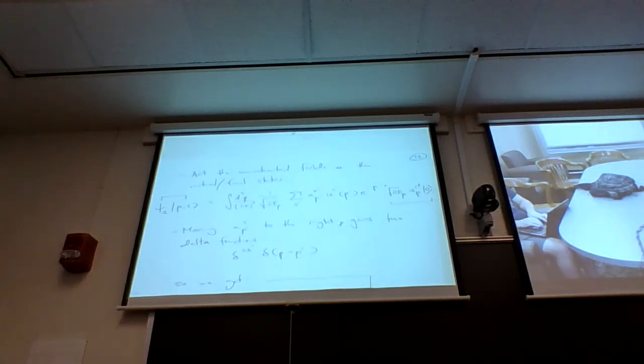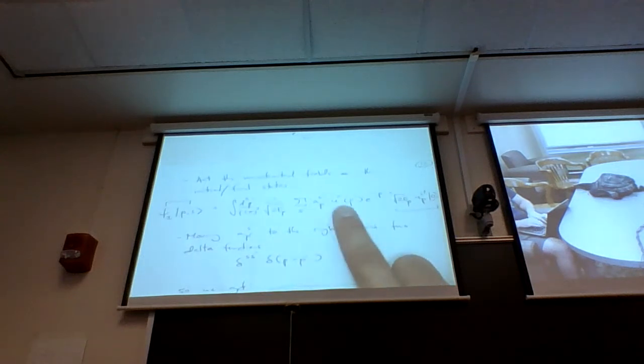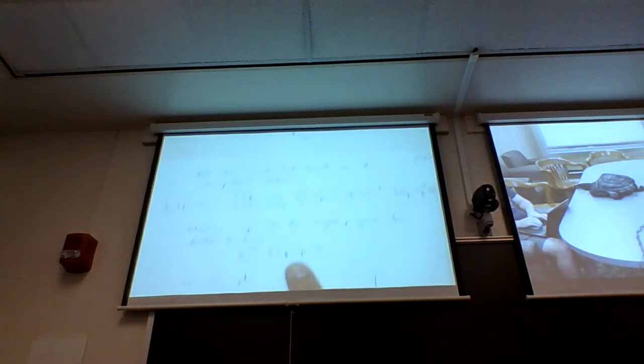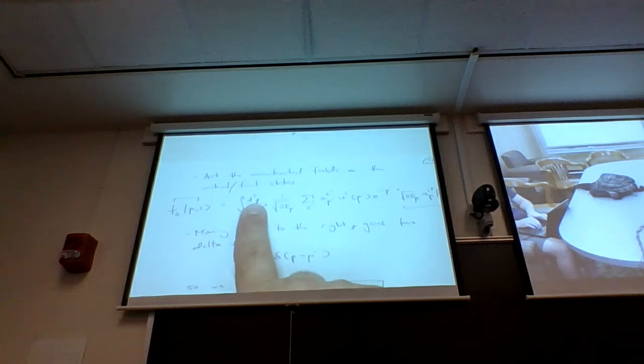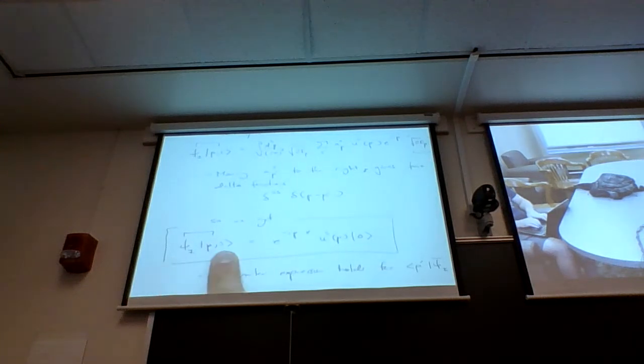That allows us to change some of these s primes to s's, and then allows me to do this integral over p prime and replace p prime with just p.